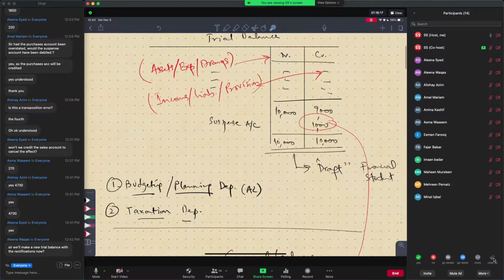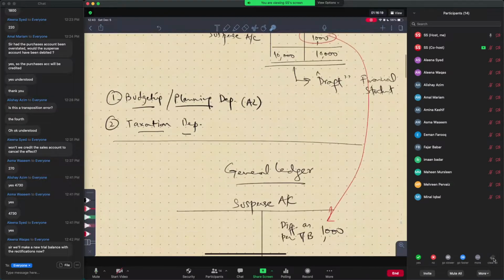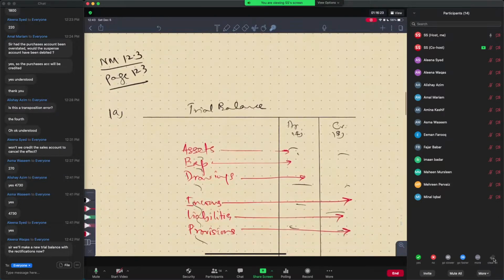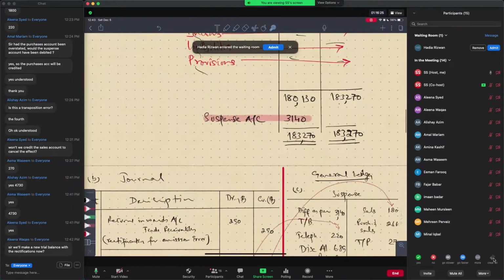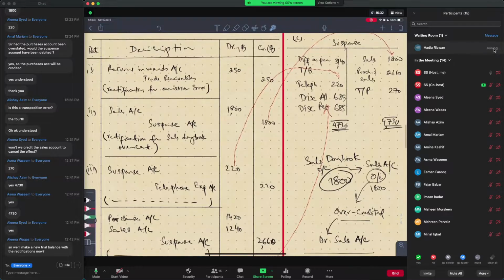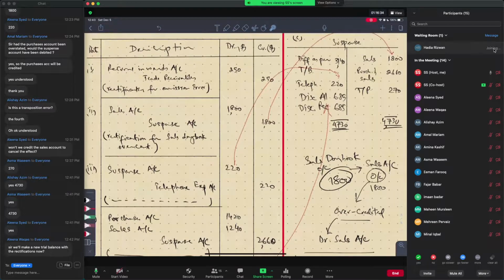Yes, trial balance is going to be redrafted afterwards. Income statement will be redrafted. The balance sheet is going to be redrafted with all these errors fixed. So everything is going to be fixed, and this is going to be our next step.